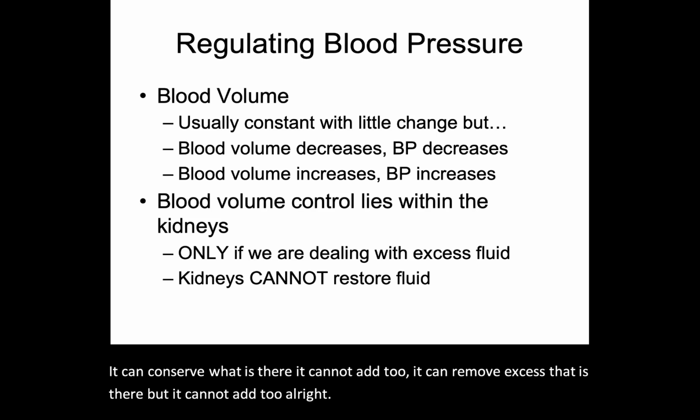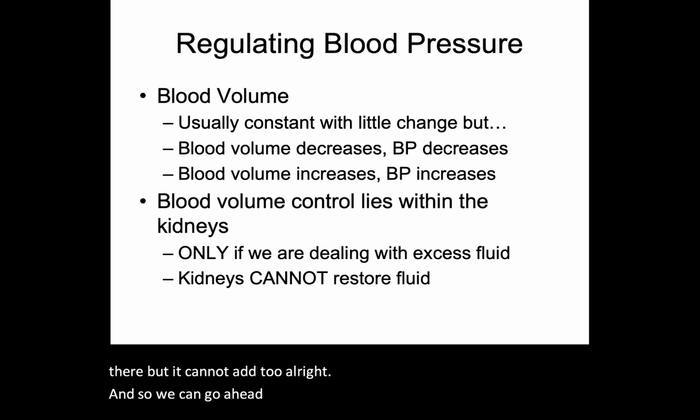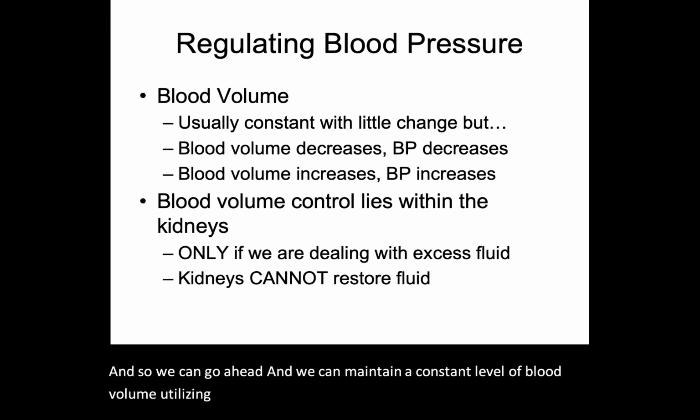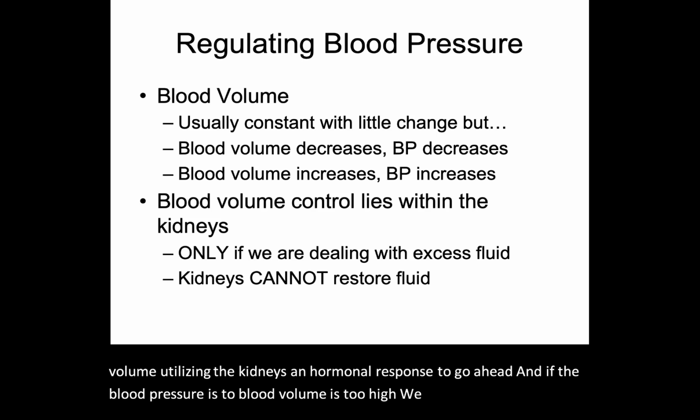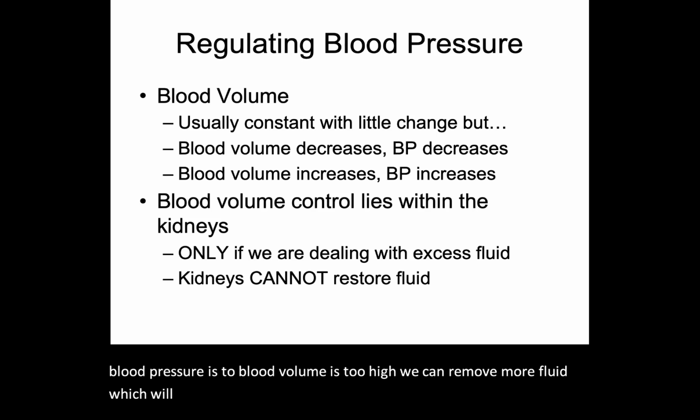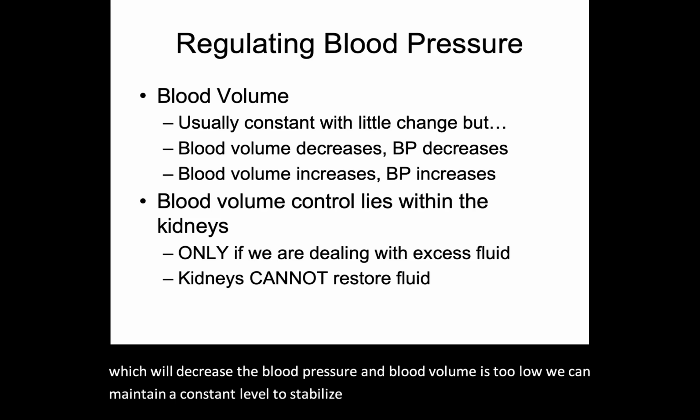And so we can maintain a constant level of blood volume, utilizing the kidneys and hormonal response. If the blood volume is too high, we can remove more fluid, which will decrease the blood pressure. And if blood volume is too low, we can maintain a constant level to stabilize the blood pressure and possibly increase it through other mechanisms.